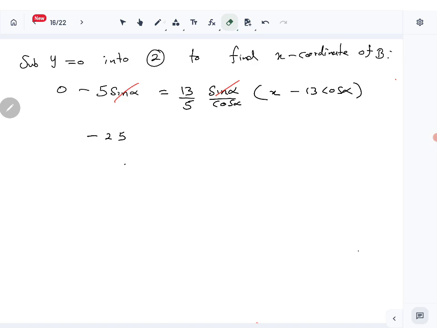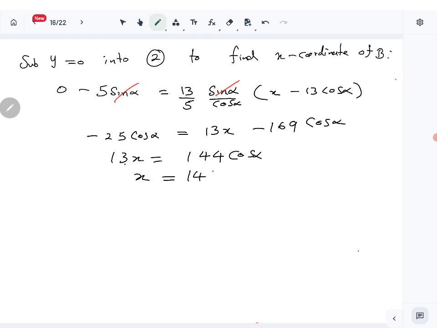Then here you have 13x minus 169 cos alpha. So then 13x is equal to 144 cos alpha. X equals 144 cos alpha over 13. So this is the x coordinate of B.